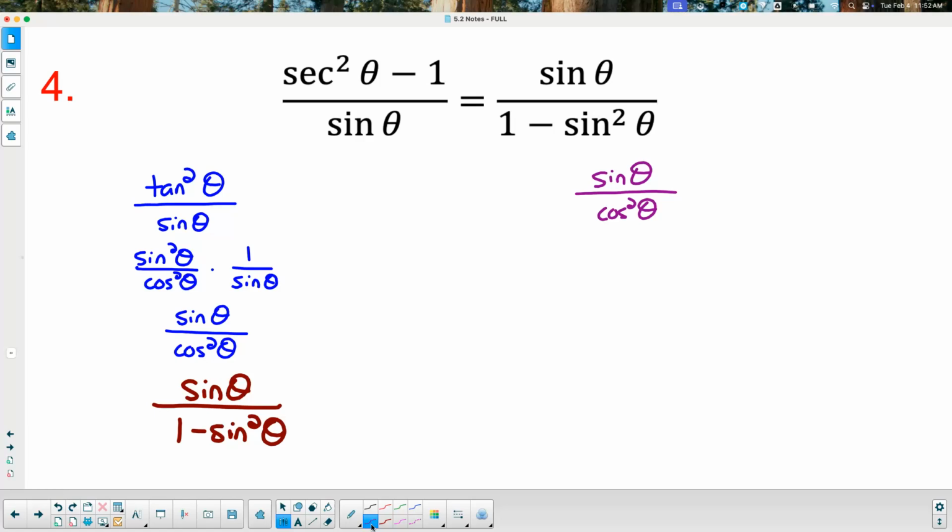I need to introduce a sine on the bottom, so then we would multiply by sine of theta over sine of theta, and that would give me... sorry, I blanked on my color.